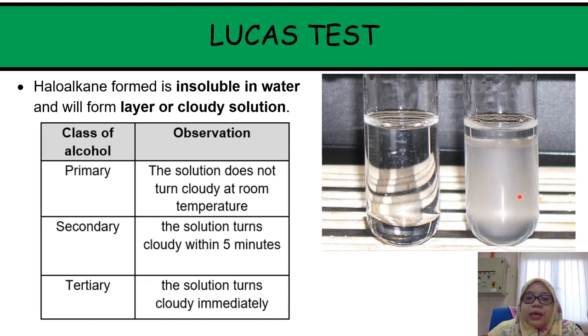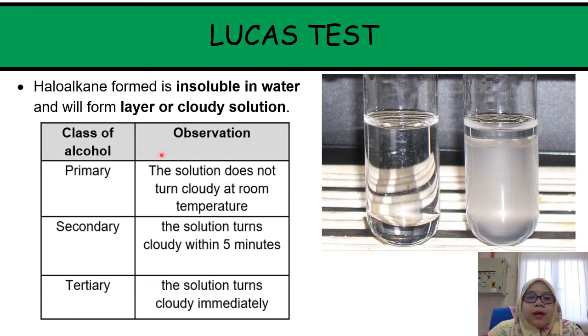This is the positive reaction of the Lucas test. You see, we have a layer here, because the alkyl halide is insoluble in water. The cloudy part here is the alkyl halide.